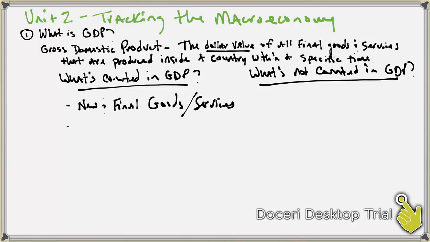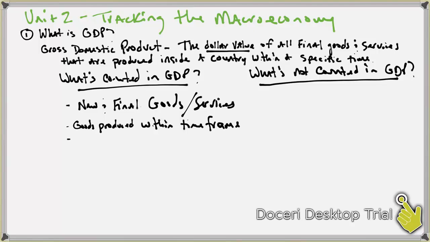So let's say goods produced within time frame. For example, if we're measuring the 2017 GDP, we're only counting things that were produced within 2017, nothing before or nothing after.